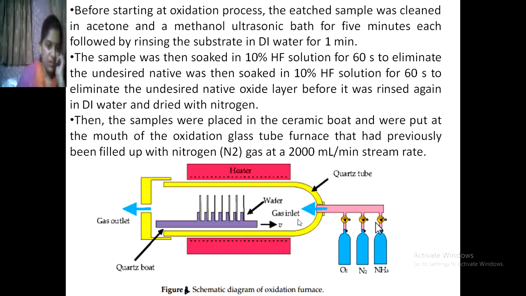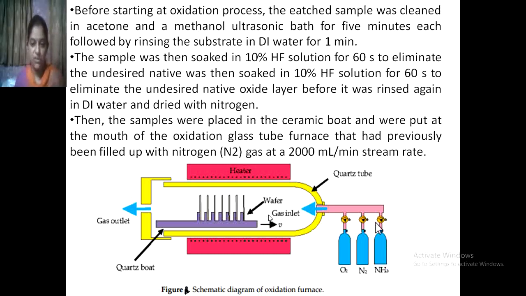Okay, so this substrate and sample is placed in the mouth of the oxidation glass tube furnace, which is previously filled with nitrogen gas at 2000 ml per minute.